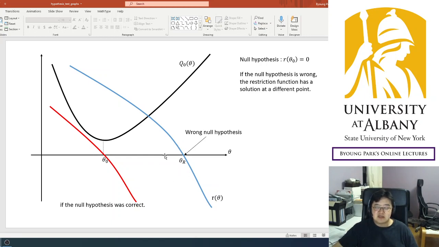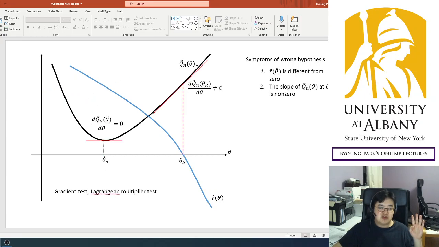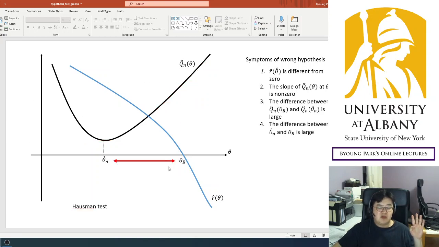How far is this? There are four different ways. One is to measure this value, second is to measure the slope, third is to measure the difference, and fourth is to measure this distance.